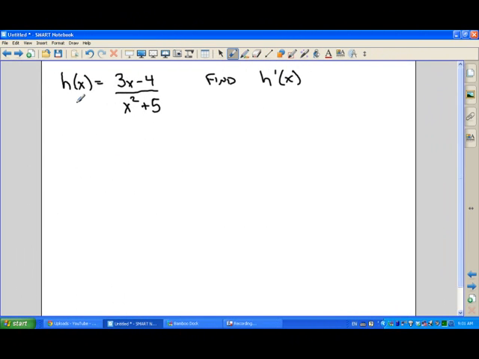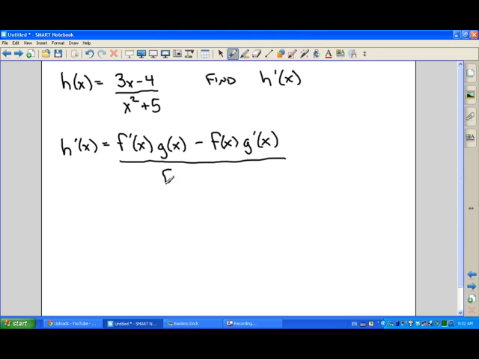Let's do a harder example of the quotient rule now. If I have h of x is equal to 3x minus 4 over x squared plus 5, and I want to find h prime of x, well, h prime of x is going to be equal to the derivative of the top term times the bottom term minus the top term times the derivative of the bottom term all over the bottom term squared.